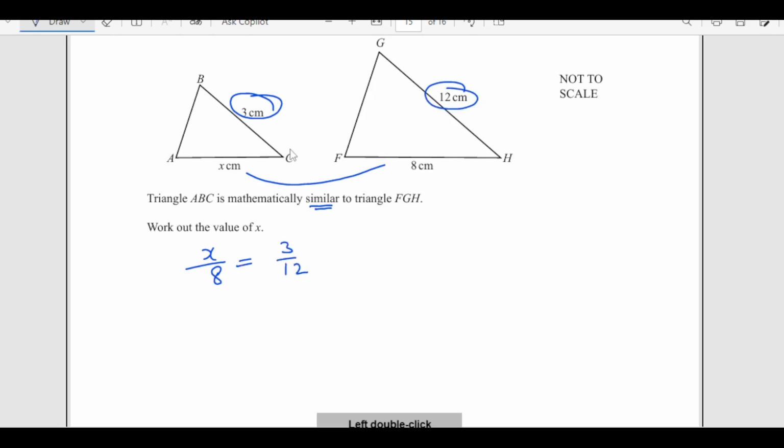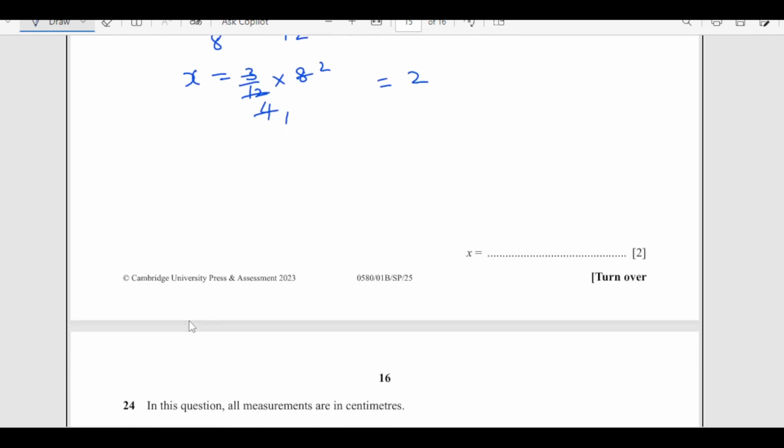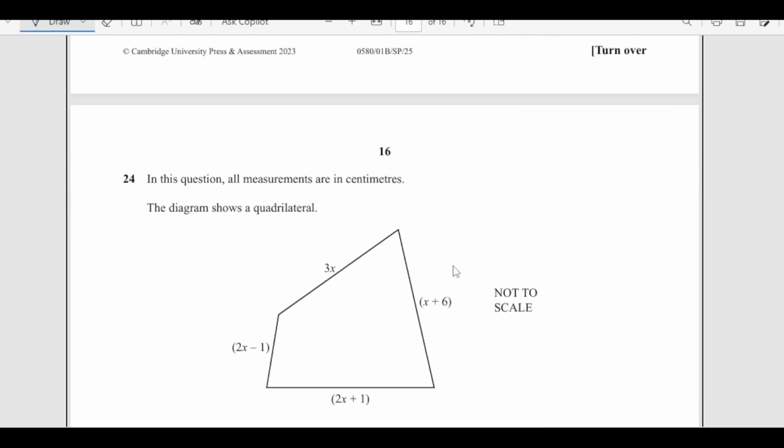Remember that if you write x on one side, x is the side of the smaller triangle, and 8 is the bigger side. So here also in the numerator we will take the smaller side over the bigger side. So x is 3 over 12 times 8, right? So 3 times 4 is 12, 4 times 2 is 8. So x is going to be 2. Centimeter is already written, so there is no need to write the centimeter.